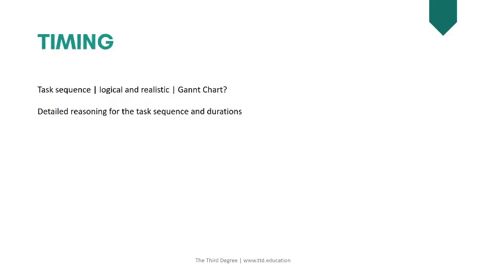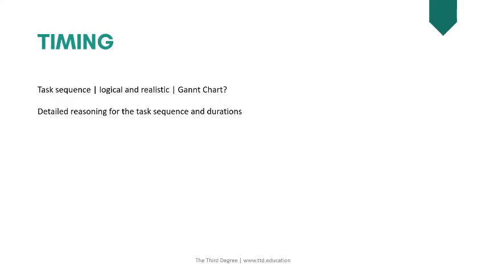They're going to want to ask about timing. You've got to be very cautious with your timing. What is your task sequence? Is it logical? Is it realistic? Simple planning tools like Gantt charts, for example, should be used, but also detailed reasoning for the task sequence and the duration. Why is it taking this amount of time to do this activity? Why is this activity happening first?